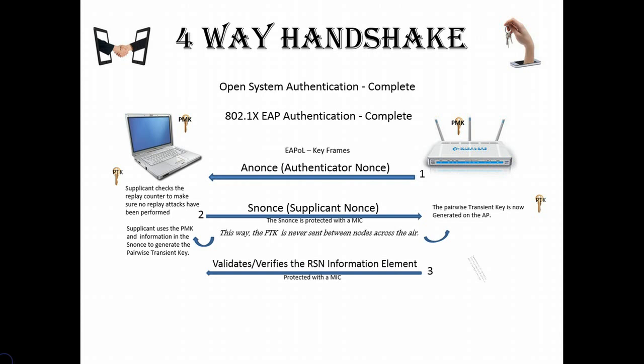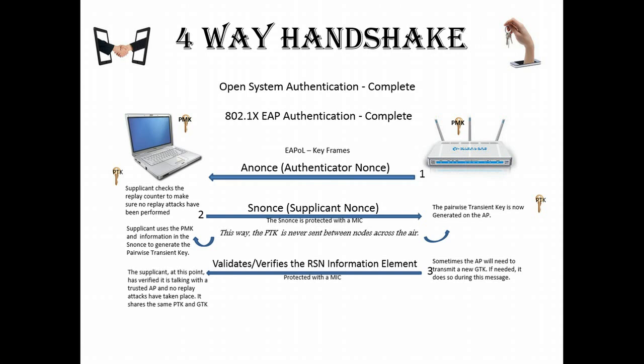Now this group temporal key is needed when there is broadcast or multicast traffic going out from this access point to multiple clients. If this GTK is needed, it is sent over to the client on the third frame in the four-way handshake. So that's important to know as well.